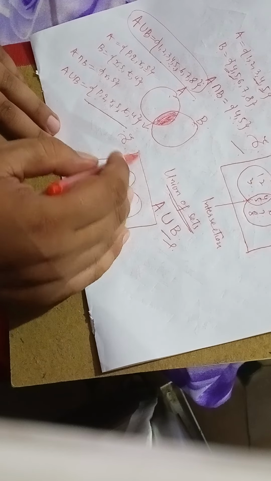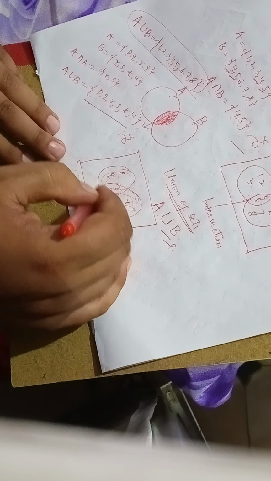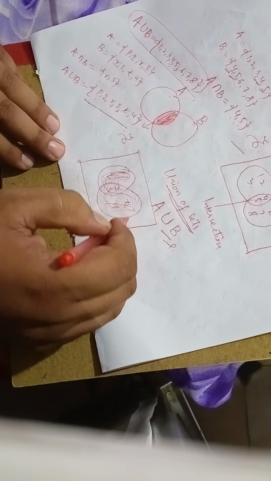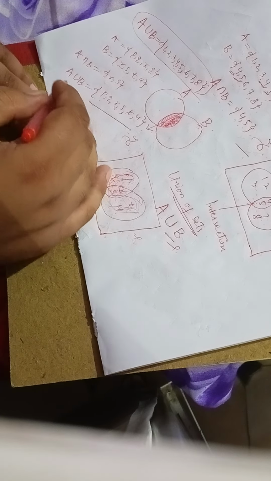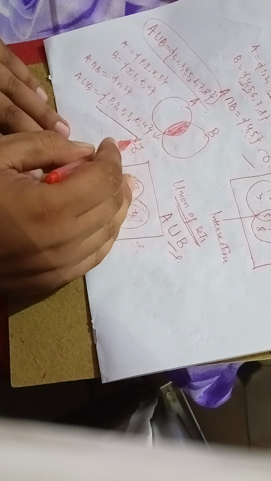So this is the universal set. Here what is the union? The union is fully both the circles. This is the union of the sets A and B. Or we can say A union B is equal to this.